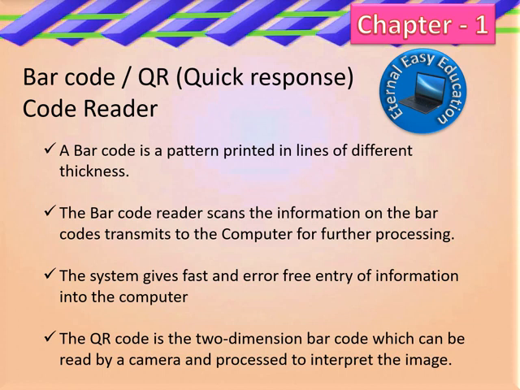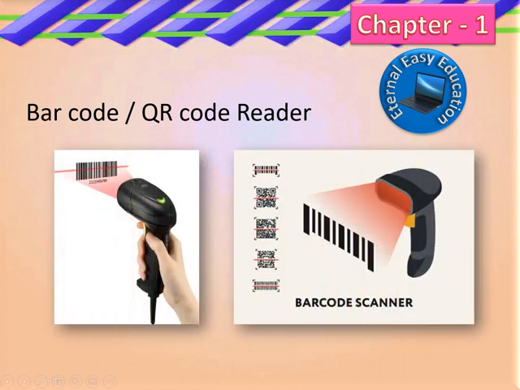You can scan that QR code and get the content related to that particular topic given in your book. So this is said to be a barcode, lines of different thickness, and this square is said to be the QR code. You can take your textbook and see the QR code given for each lesson in your book.